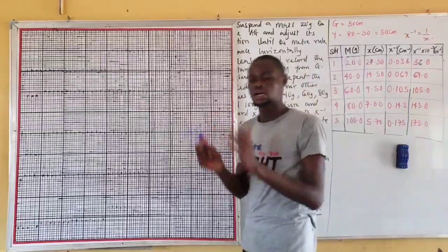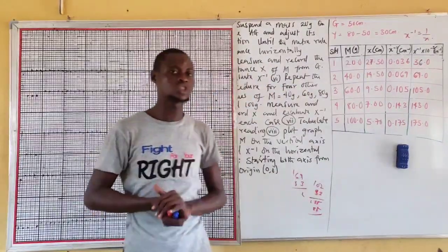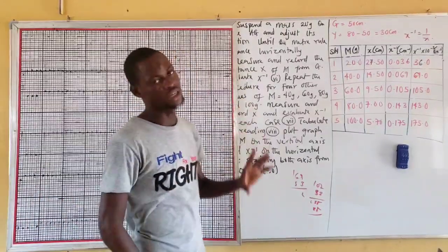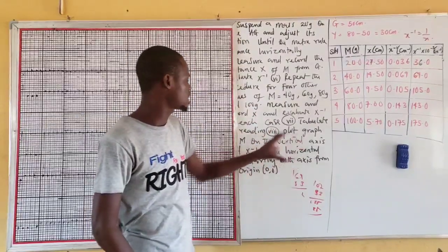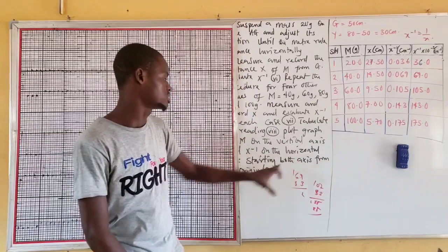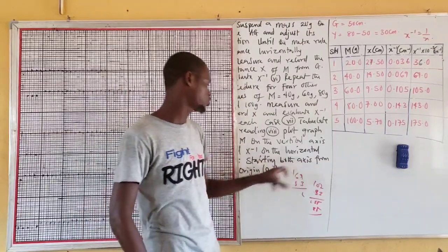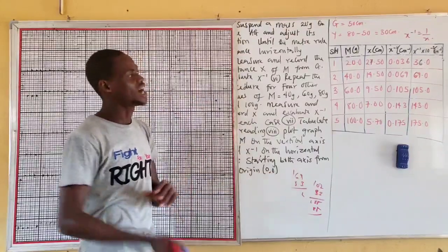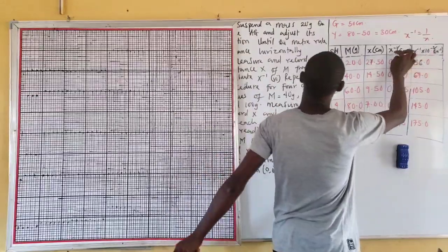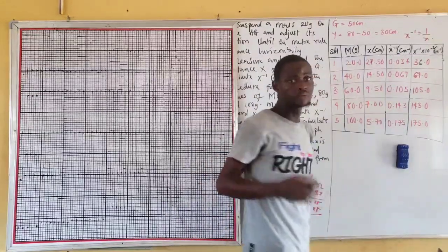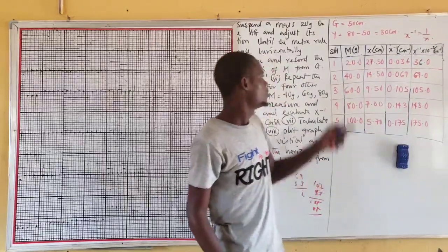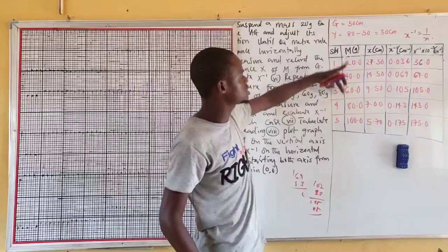But the first thing I need to explain before plotting the graph is that the question says we plot the graph of M on the vertical axis and the graph of S inverse on the horizontal axis, starting both axes from the origin, 0, 0. Now, how do we go about this? I've already made sure that my S inverse is moved away from decimal into a whole number to make my scale easier. Now, my masses, I have 20, 40, 60, 80, 100.